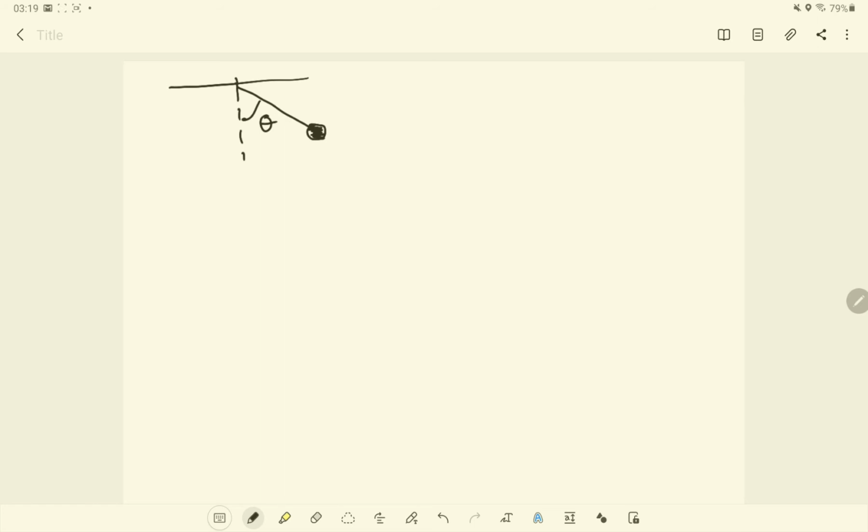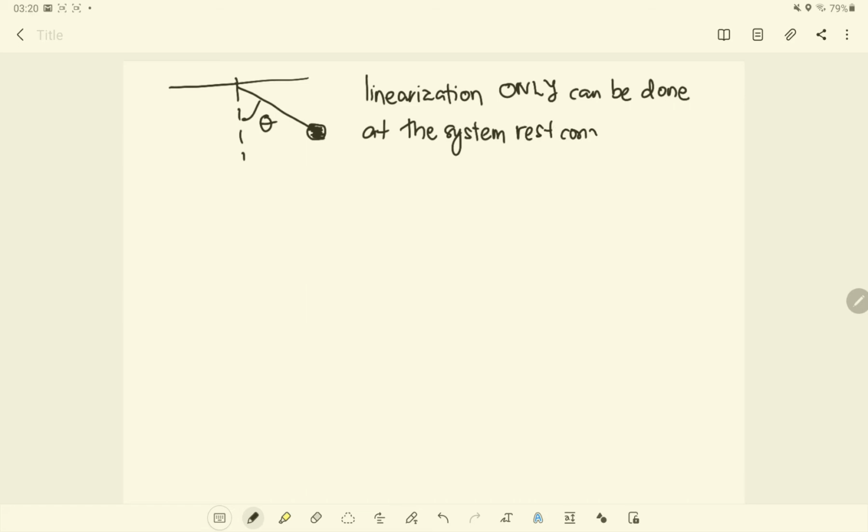And linearization can only be done at the system rest condition or at the equilibrium point.